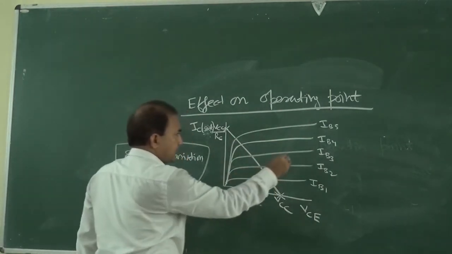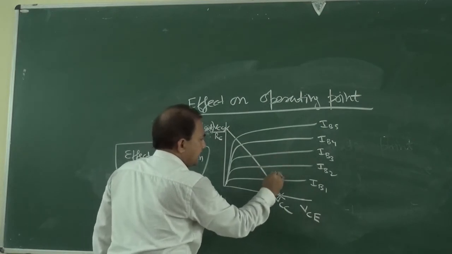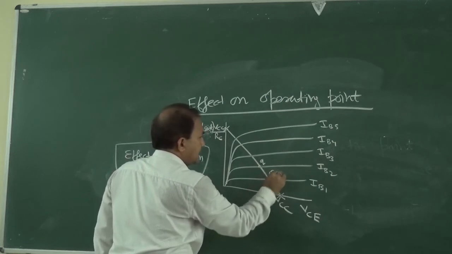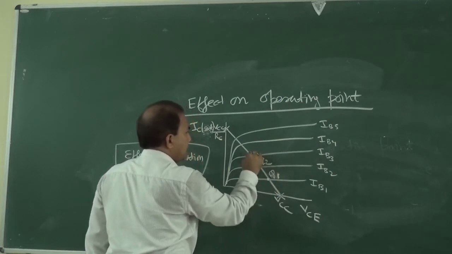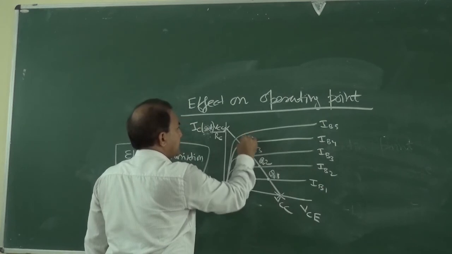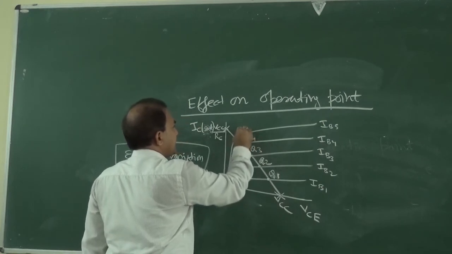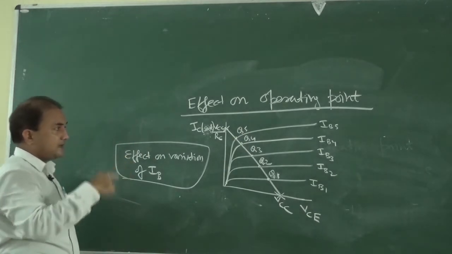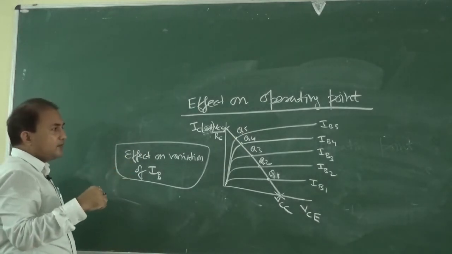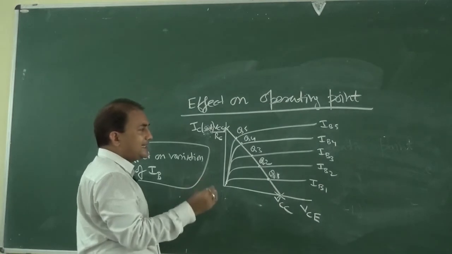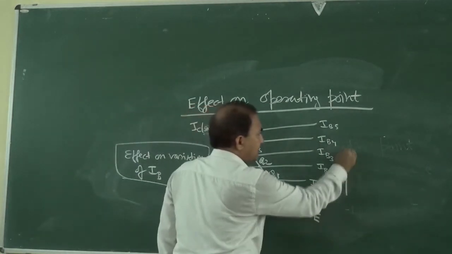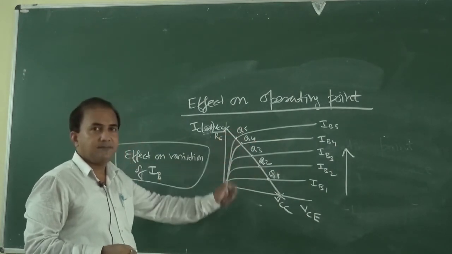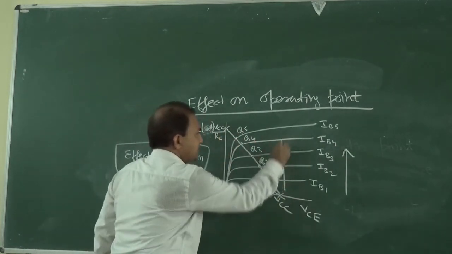Suppose this is Q1, Q2, Q3, Q4 and this is Q5. From this output characteristic curve we see that with the increase in IB, the operating point shifts upward in this way.